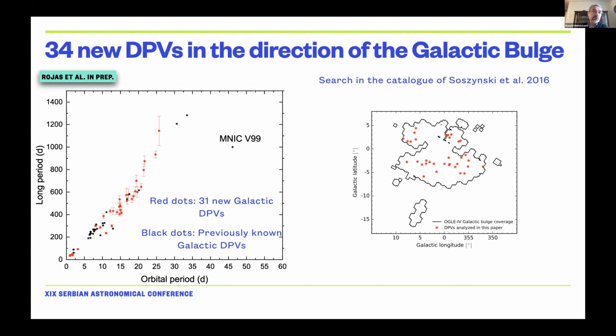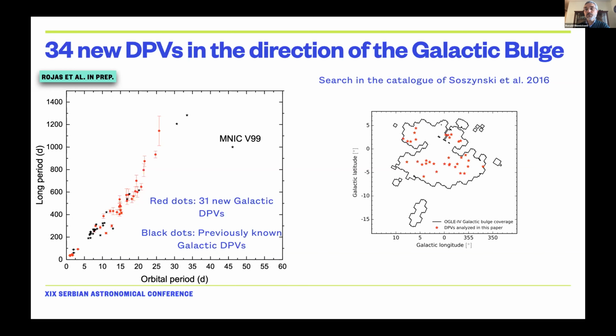In this graph, I show the long period versus the orbital period for these new 34 DPVs as red points, along with data for the previously known double periodic variables in our galaxy. And all of these stars are located very close to the center of the galaxy, characterized by galactic latitude and galactic longitude 0.